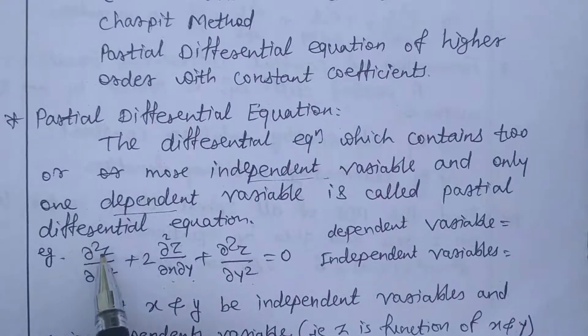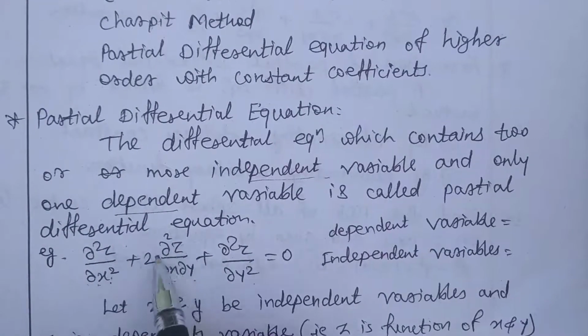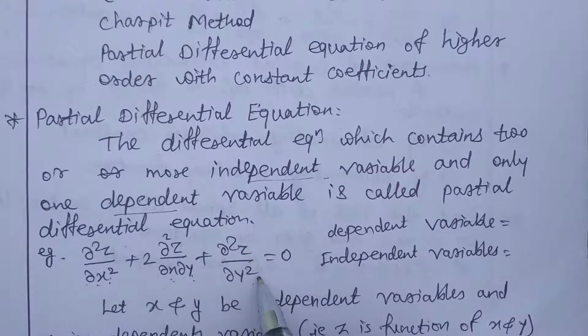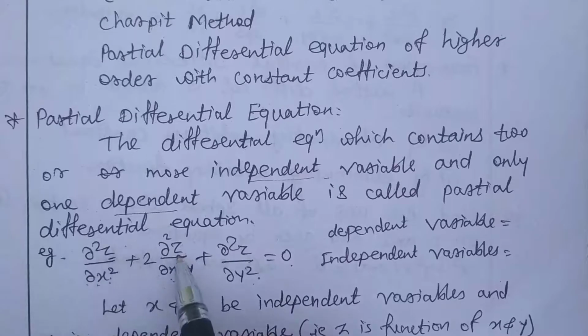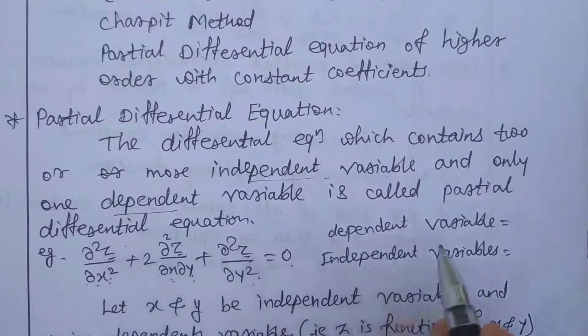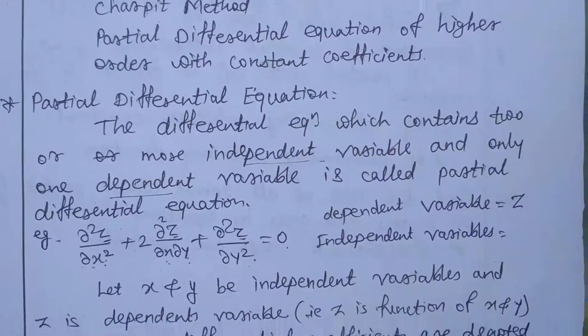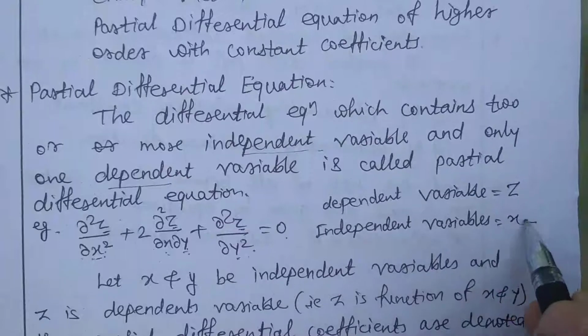So this is the partial differential equation ∂²z/∂x² + 2 ∂²z/∂x∂y + ∂²z/∂y² = 0. Here the variable present in the numerator is the dependent variable, so the dependent variable is z, and the independent variables are those present in the denominator, so x and y.